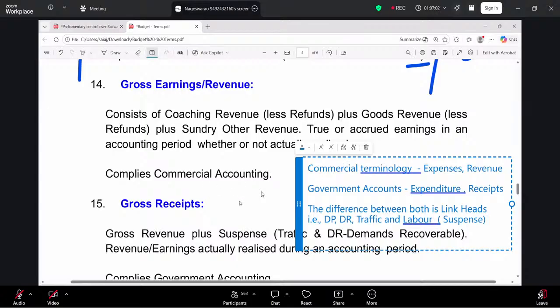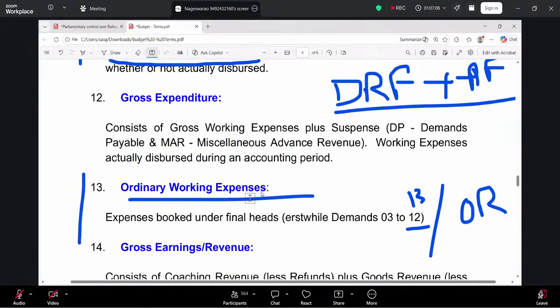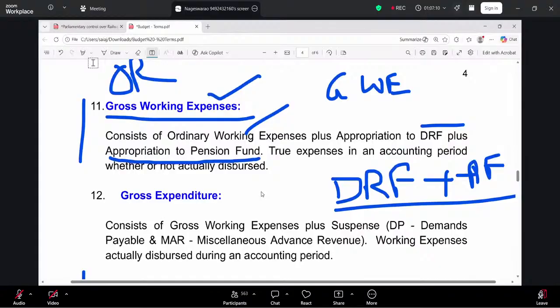See, don't confuse this, accounts department staff. It is very important. Other departments, not much important. Just understand. Yeah. See, expenses means commercial. Expenditure means government. Here we added suspense. What is suspense? Demands payable and MR also here we added, though it is not linked. That is the difference between expenses and expenditure.